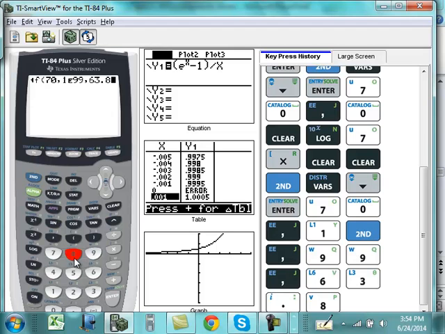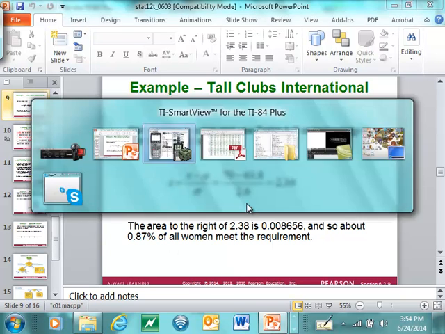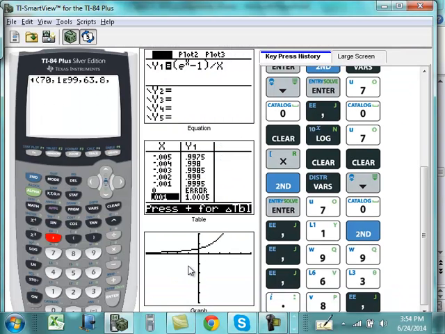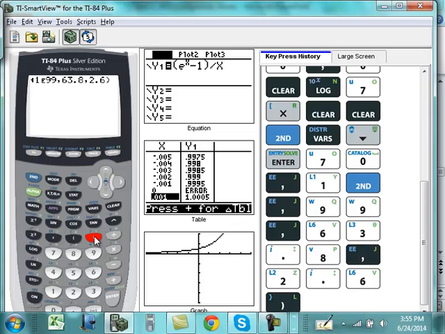And then, comma, the last number will be the standard deviation, which is 2.6. And then we'll hit enter after you do the close parentheses.